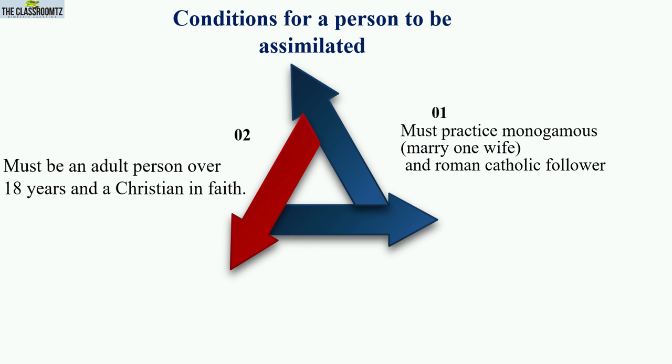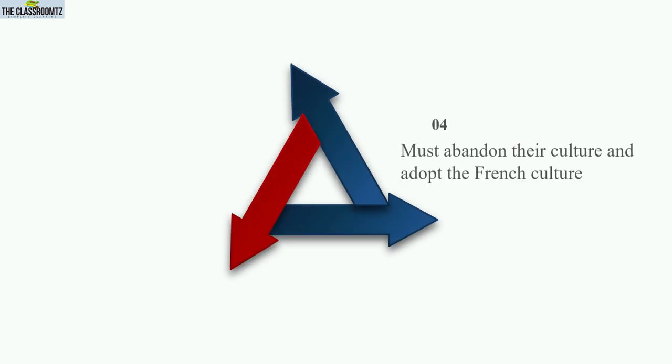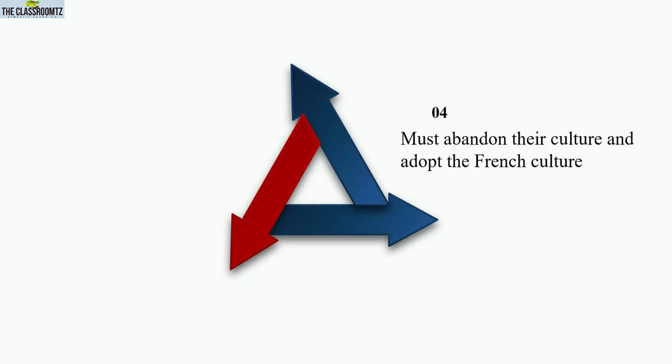Number 3, if you want to be assimilated, you must have passed and qualified military service of one year and above. Another condition: must abandon their culture and adapt to French culture.